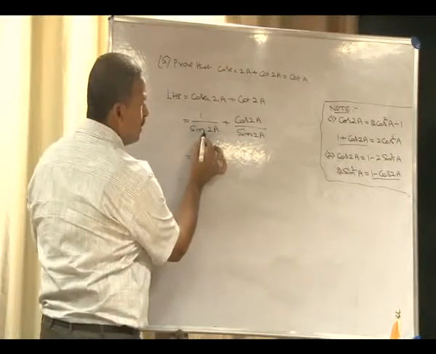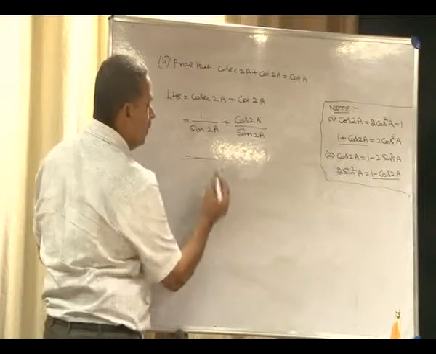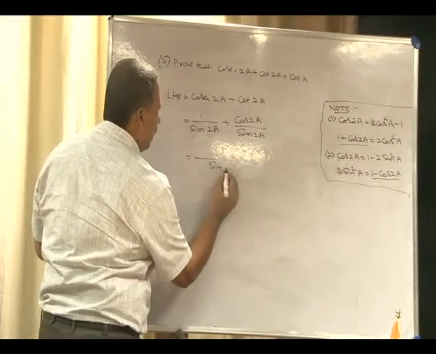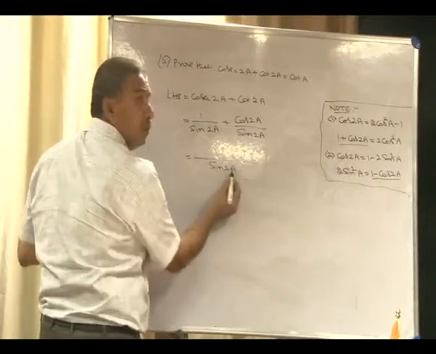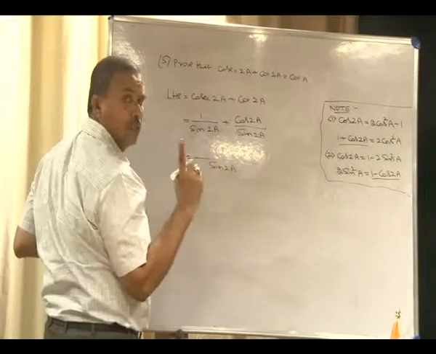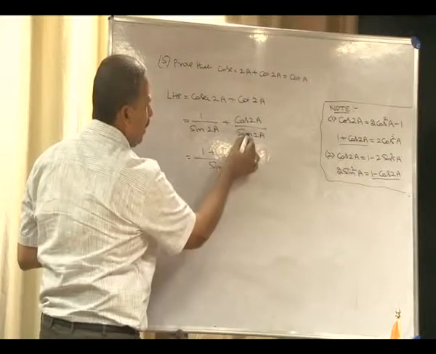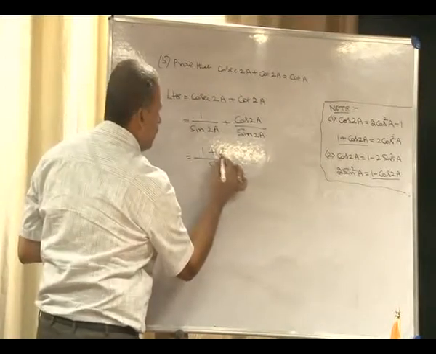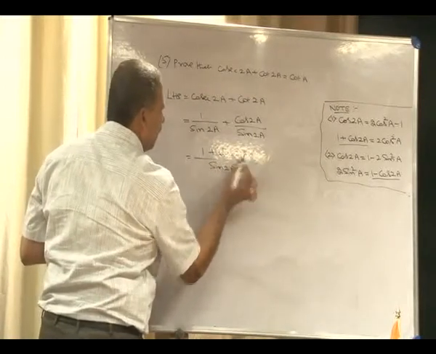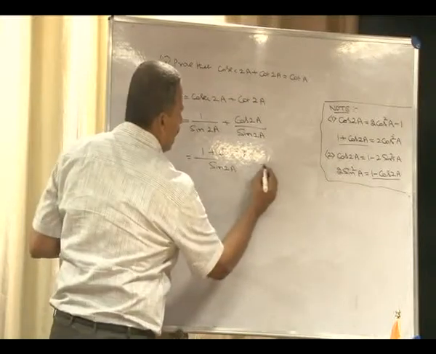The LCM of sin 2A and sin 2A is sin 2A. Sin 2A divided by sin 2A is 1, 1 into that 1 is 1, plus sin 2A divided by sin 2A is 1, 1 into cos 2A is cos 2A. That is 1 plus cos 2A.